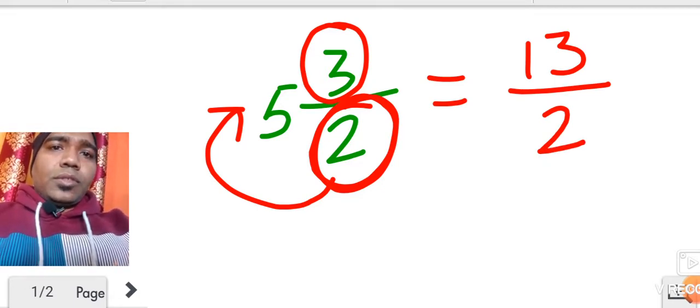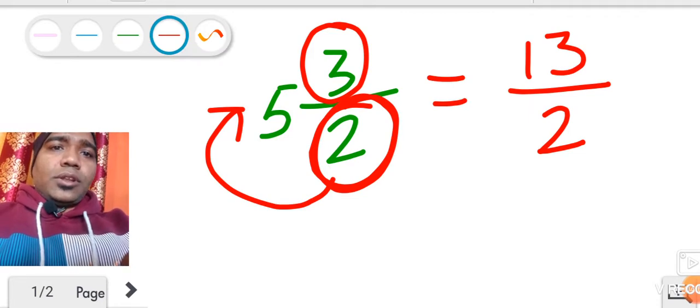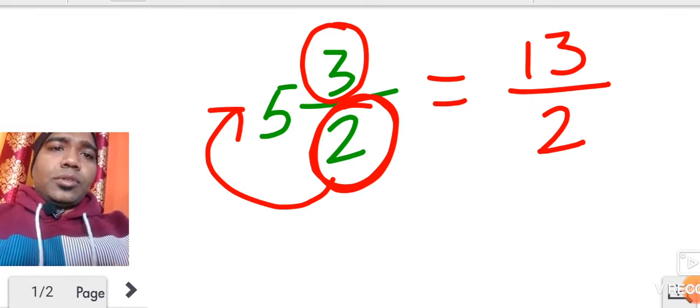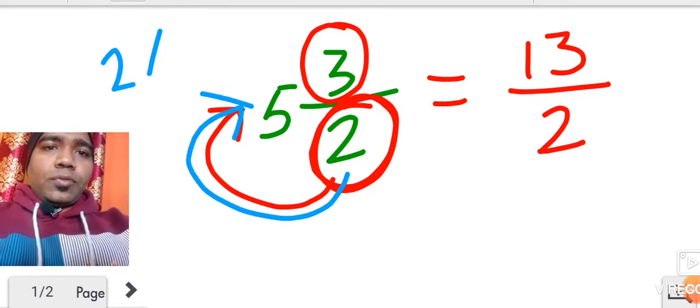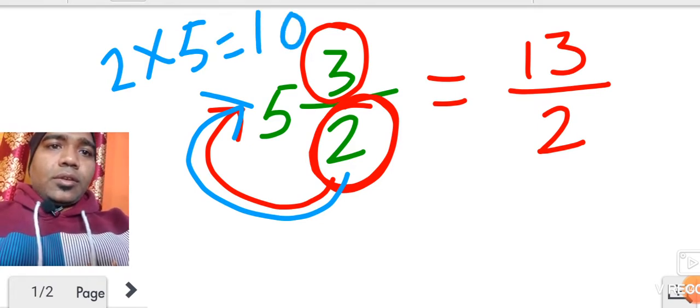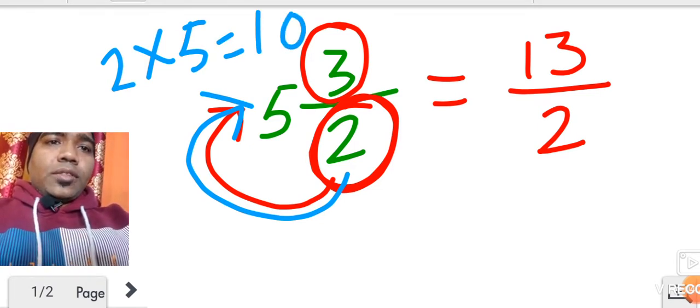Once again I'm telling you this part. Suppose you have to change 5 whole 3 by 2. So you'll multiply 2 into 5. How much will you get? 10. Then what is there in the numerator? 3.